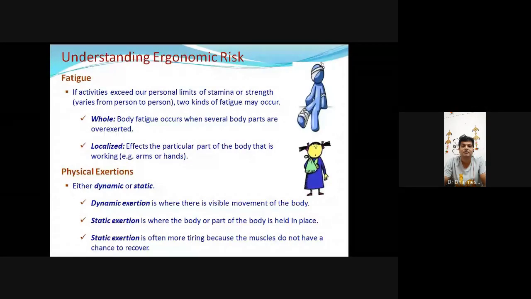Instead of lifting on a single hand all the way to the destination, we need to shift the bucket from the right hand to the left hand. That is dynamic exertion, holding from the starting area to the destination area. To correct that, the person has to shift the bucket between the right and left side in order to balance the muscular load.